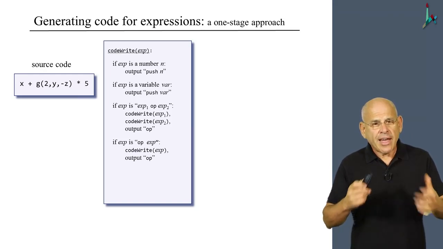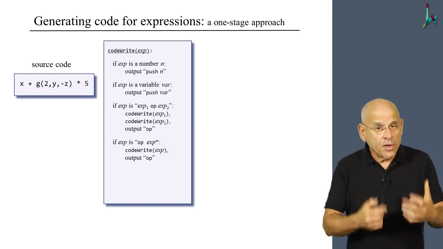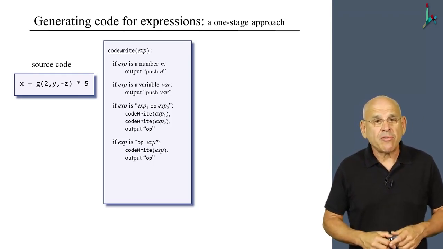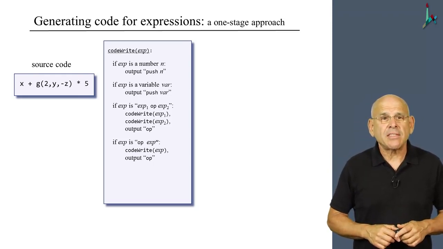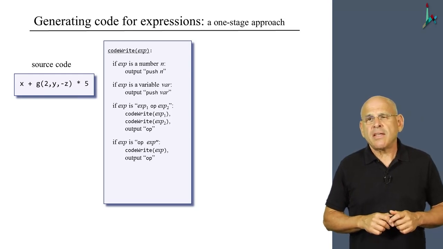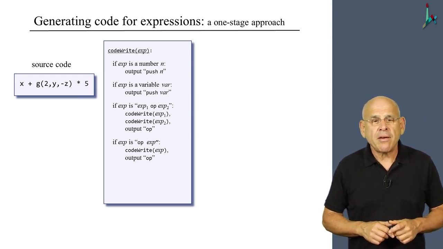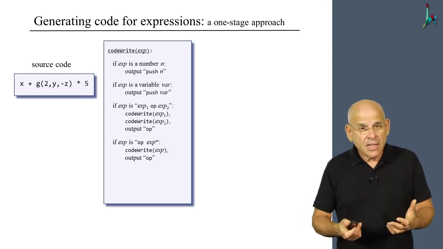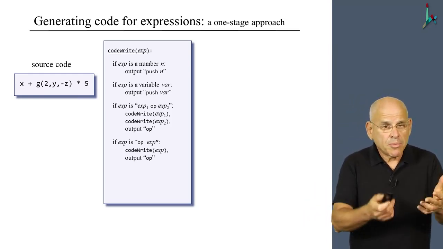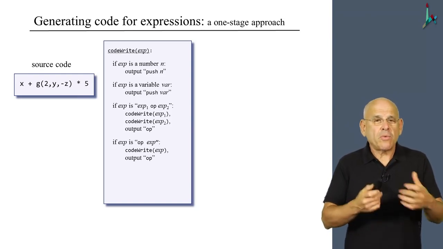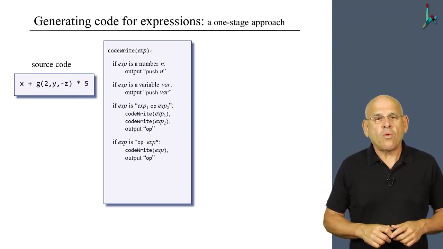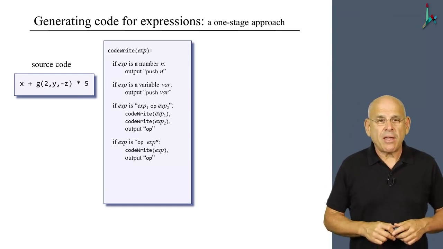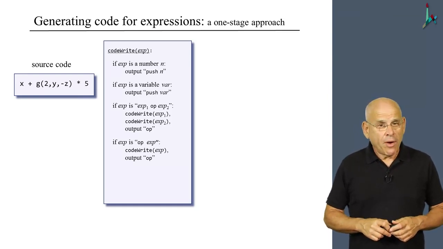Now, if x happens to be a unary operator, an op followed by some expression, for example, minus z in this input sample here, then first we generate code to evaluate z, and then we output, in this particular example, neg, which is the VM way to describe minus, when minus happens to be a unary operator.